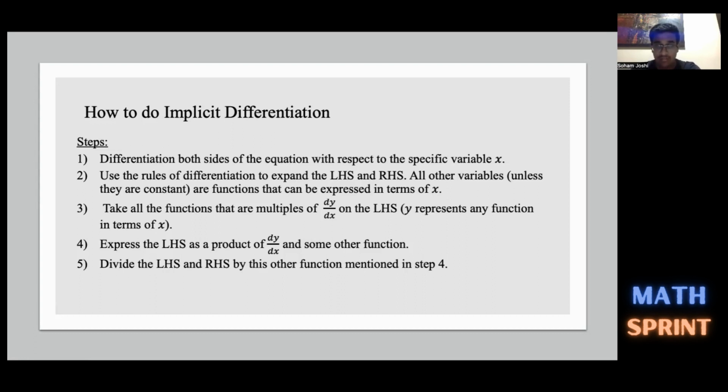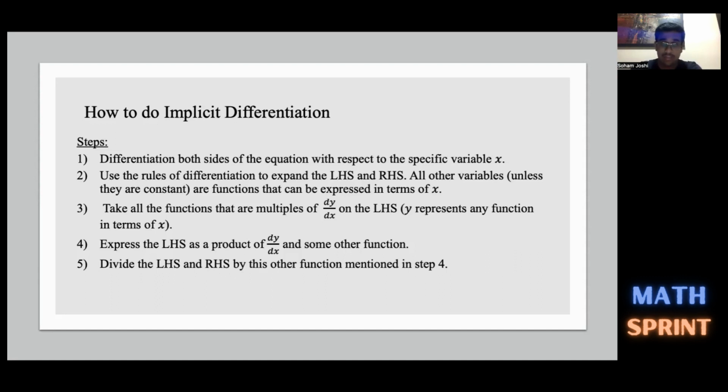All other variables, unless they're constant, are functions that can be expressed in terms of x. So you'll probably have to use different rules of differentiation, such as the product rule, quotient rule, the chain rule, sum rule, and others. I've discussed all these rules in my second video of the calculus crash course. So you might want to take a look at that video if you want to brush up on any of your concepts in differential calculus.